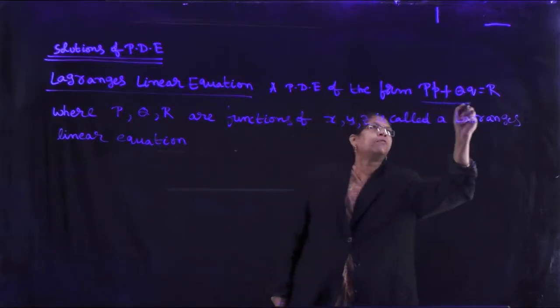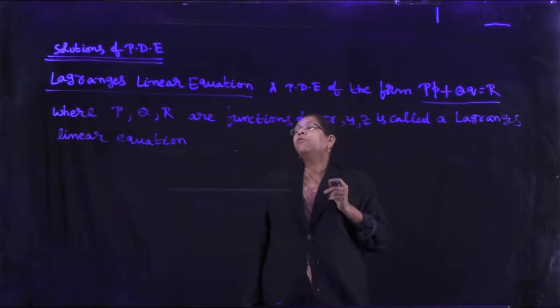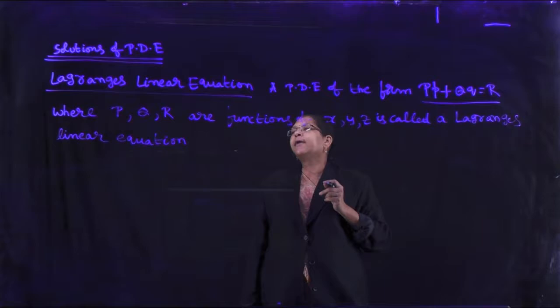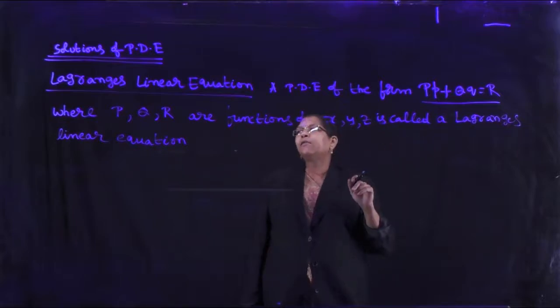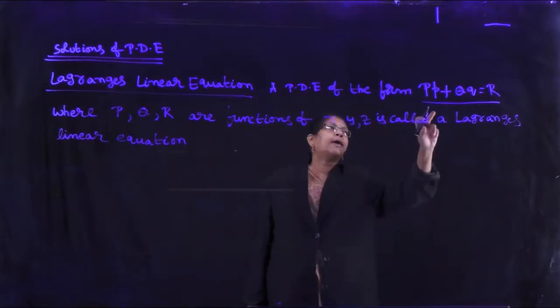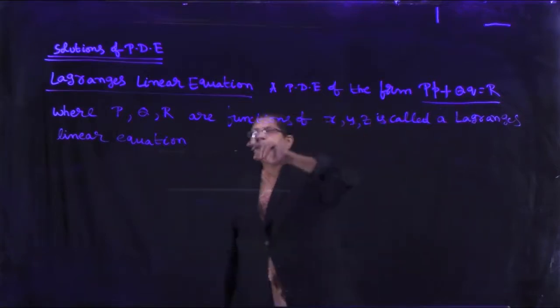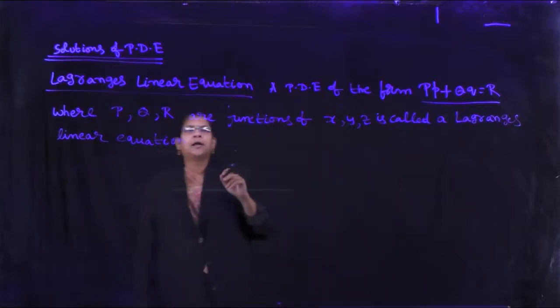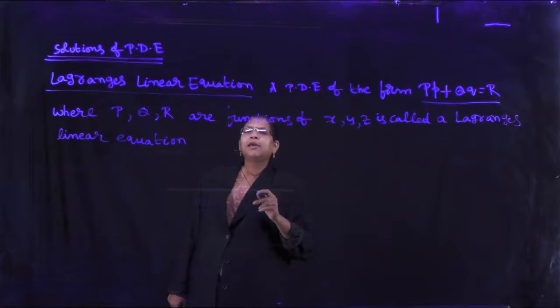Capital P into small p plus capital Q into small q equal to R, where capital P, capital Q, capital R are functions of x, y, z, is called a Lagrange's linear equation.